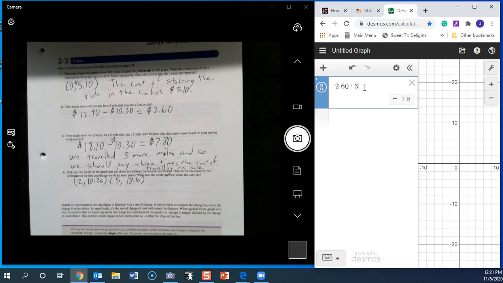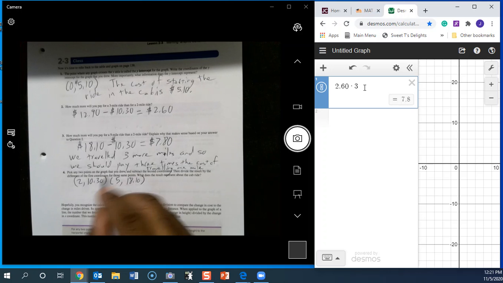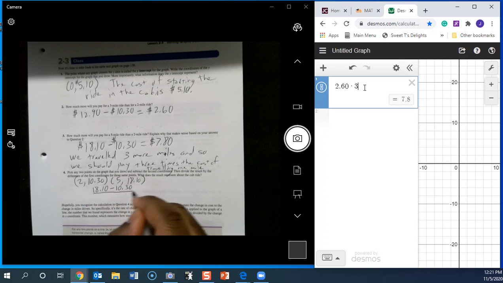So we have our 2 points here. Now what they want us to do is take $18.10 minus $10.30 all over the 5 miles minus the 2 miles.